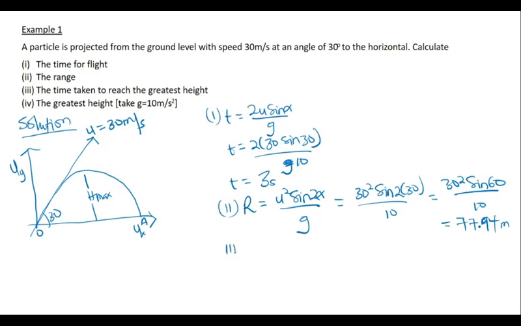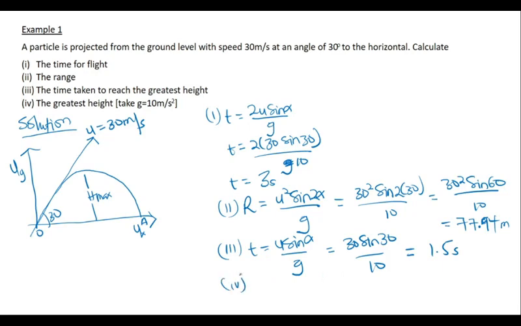So let's go ahead. III, the time taken to reach the maximum height. As we also saw earlier, the time taken to reach the maximum height is u sine alpha divided by gravity. So we have 30 sine 30 divided by 10, and this is going to give us the time of 1.5 seconds.